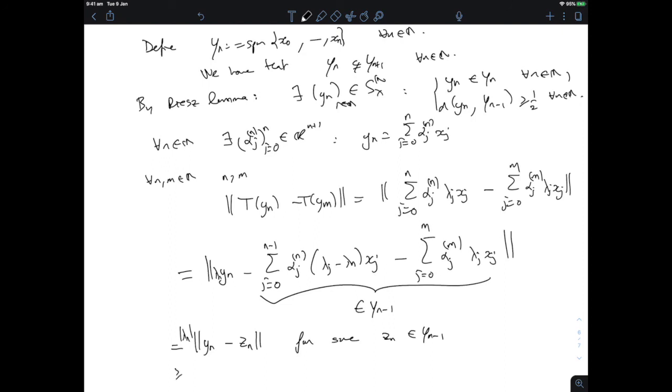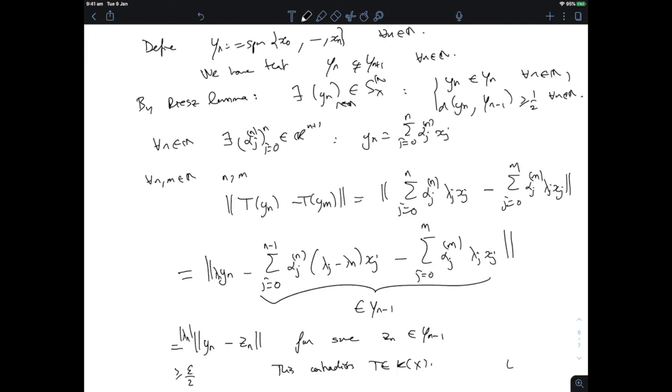So this entire thing is greater than epsilon times the distance between y_n and capital Y_{n-1}, which is at least 1/2. So this is greater than epsilon over 2. And this contradicts, once again, the compactness of T, because I can't extract a converging subsequence from T(y_n) despite T(y_n) being bounded.